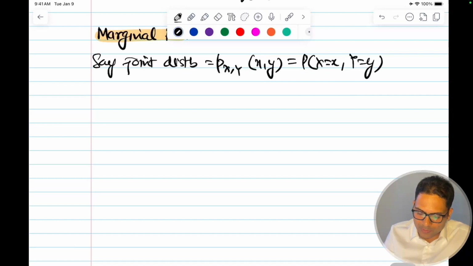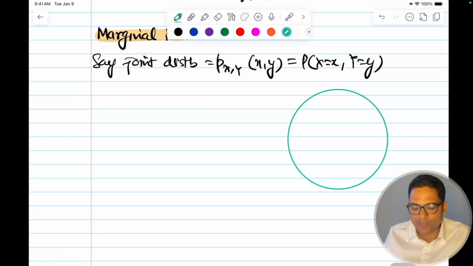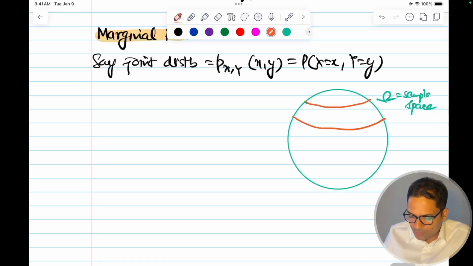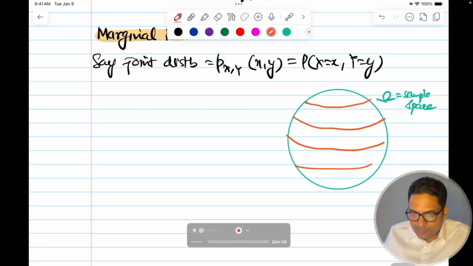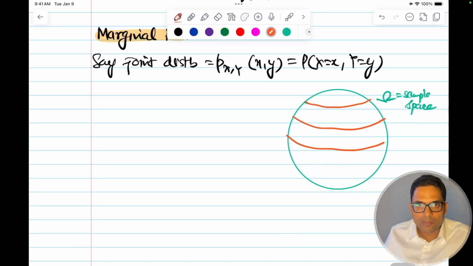So here, for example, all the possible values. So let me draw this. This is an intuitive understanding. So this is my sample space, this is my omega sample space. Okay, and say these are my possible values of y: y1, y2, y3, so on till yn.